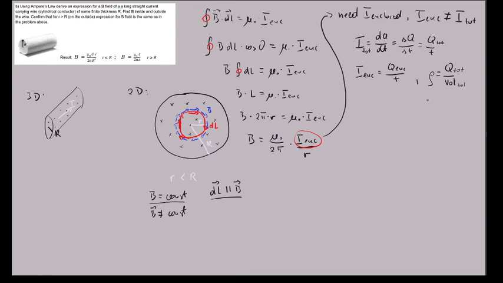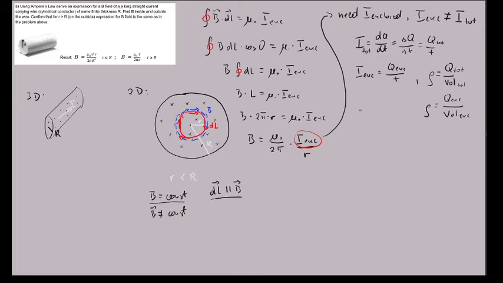Since the density of the charge is constant, I could also write Q enclosed over the volume enclosed by the loop. I'm looking at the charge within this loop and the volume within this loop.